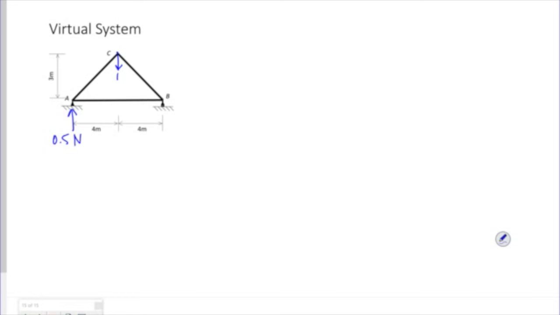There are no units; these are unitless. 0.5 force.